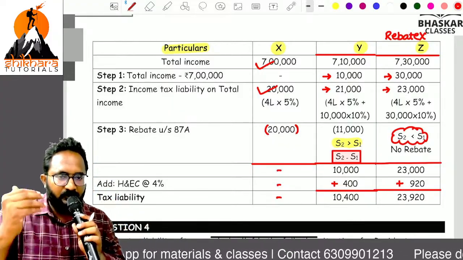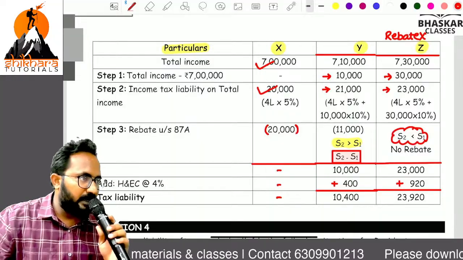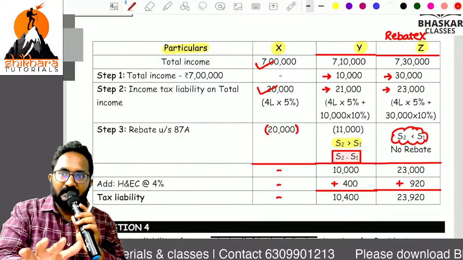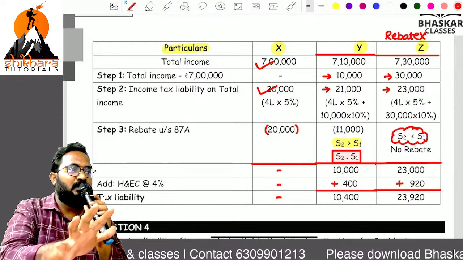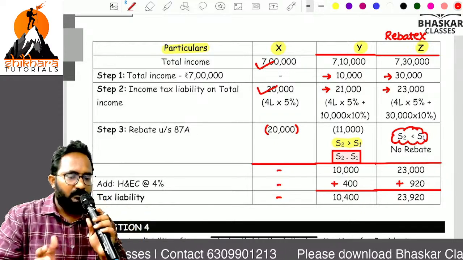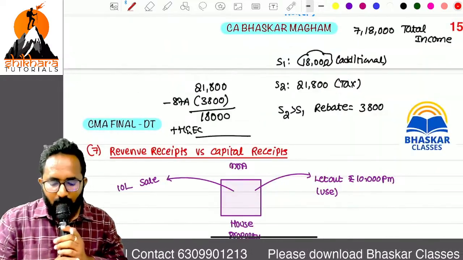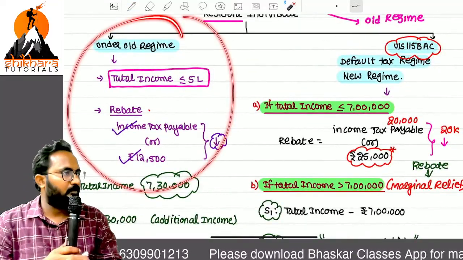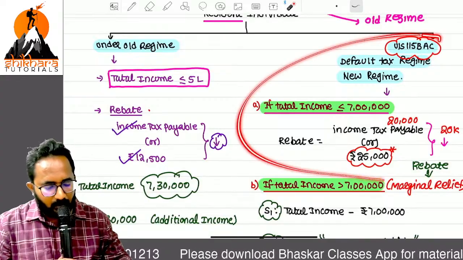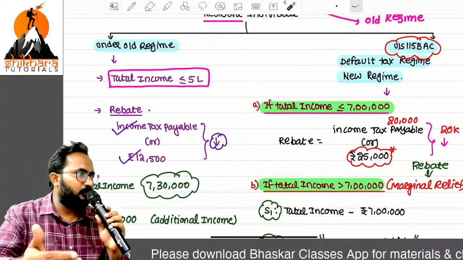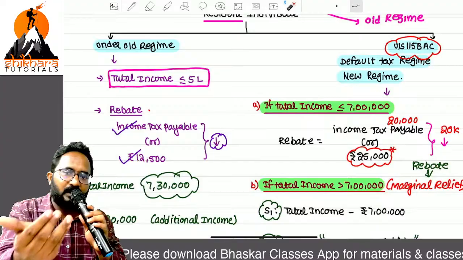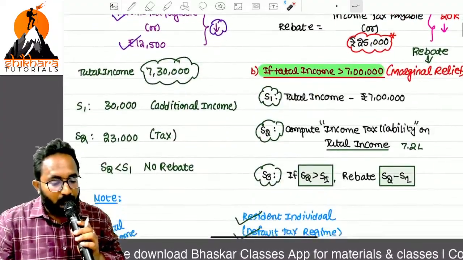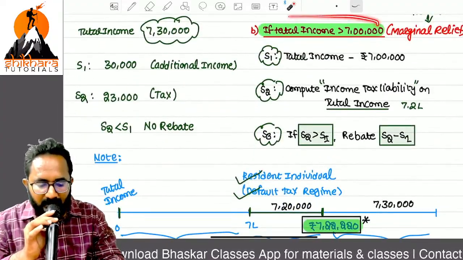If I am setting the question paper, definitely I will give marginal relief concept related rebate only, because everyone knows about the old regime related rebate, and this one also everyone knows. In new regime, if your total income is less than 7 lakh, you can get rebate. But most of the students are ignoring this concept.